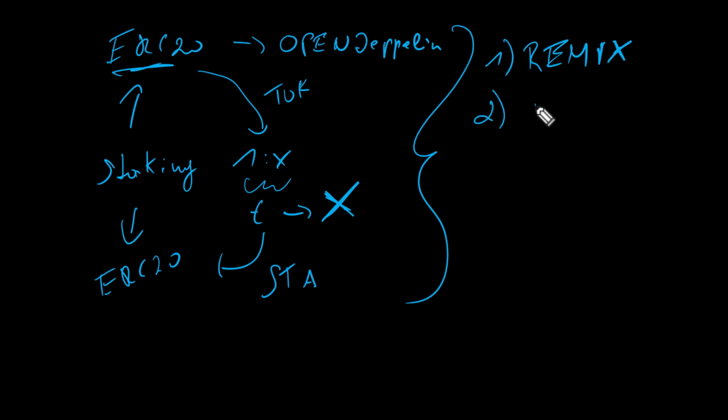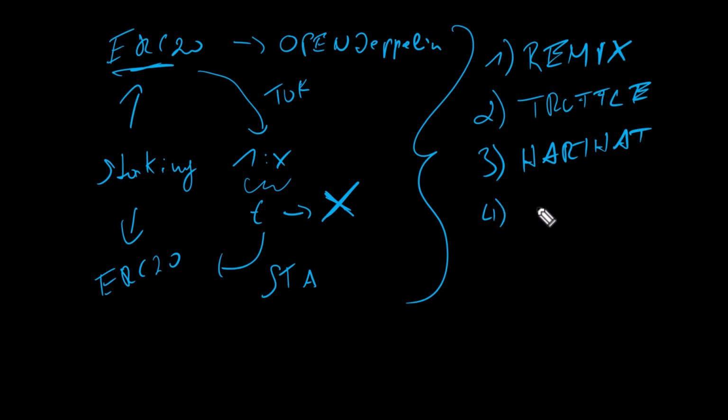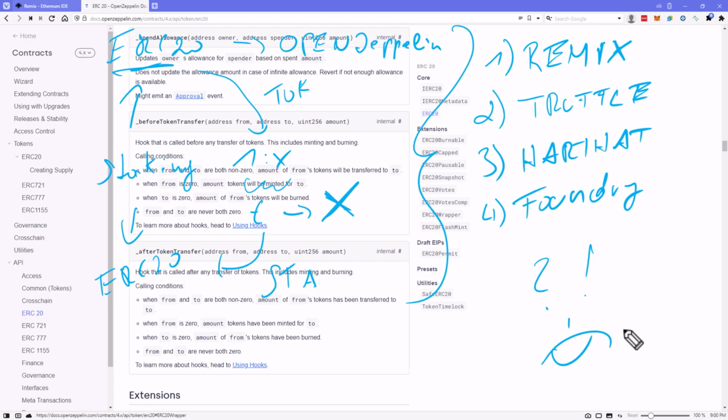Then we are going to port it over to Truffle, then to Hardhat, and then to Foundry. And then we just have a look at how this works and if it's any good and if we are happy with it, or maybe not. I don't know. Okay, let's get started.